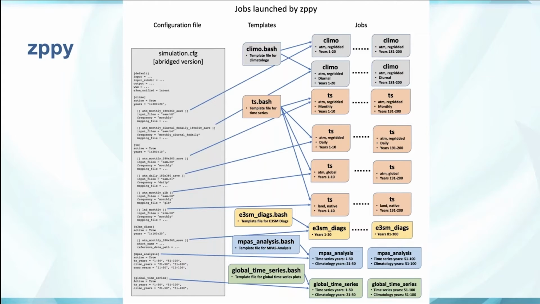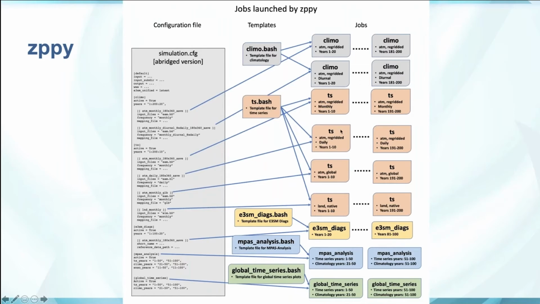So basically, the parameters set in the configuration file get combined with these template files, and then zppy determines what jobs to run. So for the diurnal climatologies, that information goes with the climatology bash, and then zppy realizes it needs to run years 1 to 20, 21 to 40, and so on, all the way to 181 to 200. And it does that with all these different subtasks.